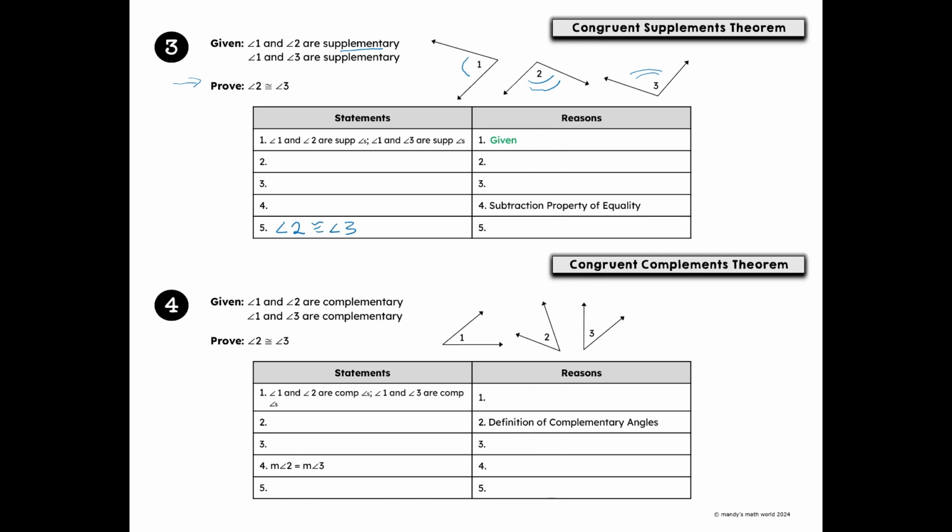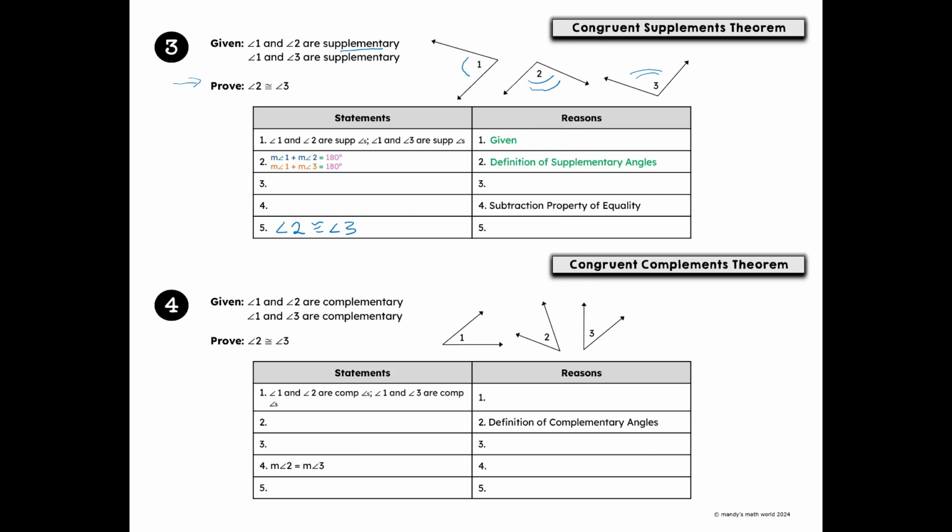How do I get from step 1 all the way to step 5? Well, I know the definition of supplementary angles. If we're given a vocabulary word in our given, let's define it. If they're supplementary, then when I add those two angle measures together, I get 180 degrees.